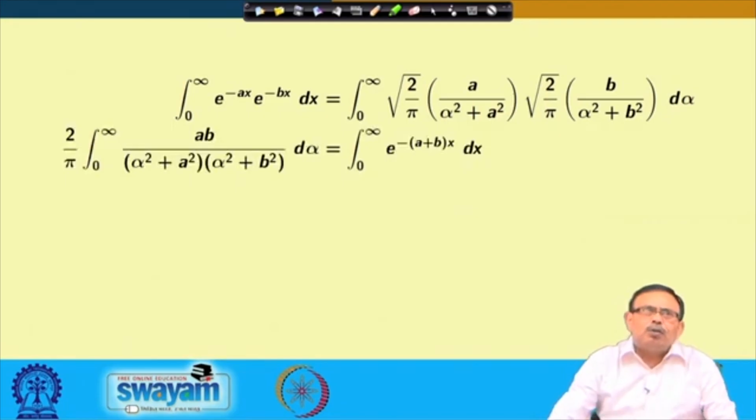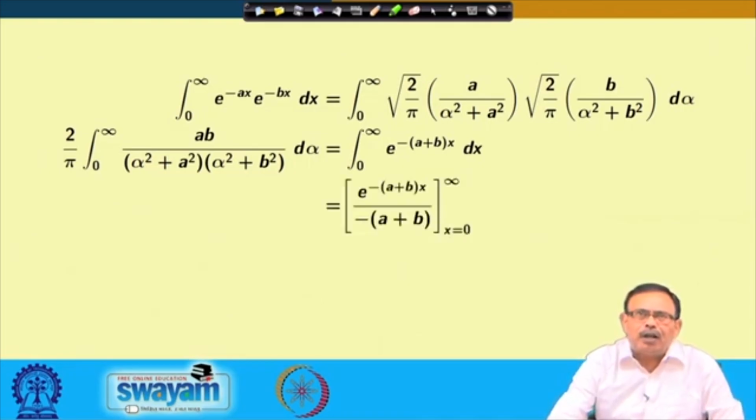So, 2 by pi 0 to infinity a b by alpha square plus a square into alpha square plus b square d alpha equals 0 to infinity e power minus a plus b into x dx. If I evaluate the right hand side integral, I easily obtain the value 1 by a plus b.